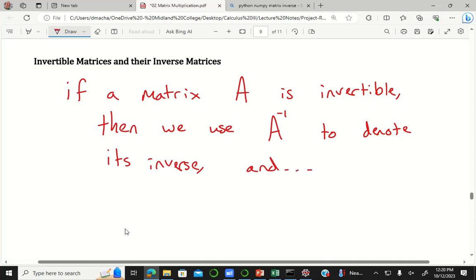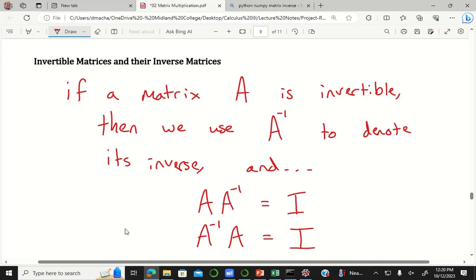And matrix multiplication of a matrix times its inverse is going to give you the identity matrix. And a matrix will commute with its own matrix inverse.